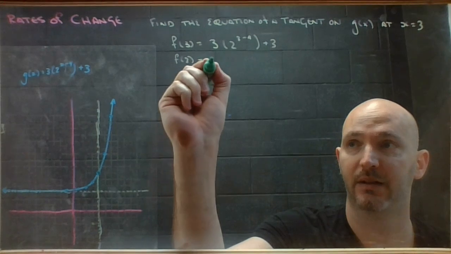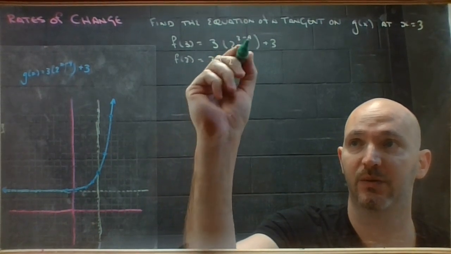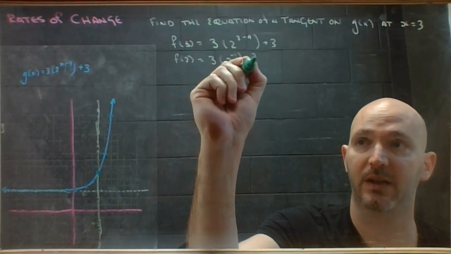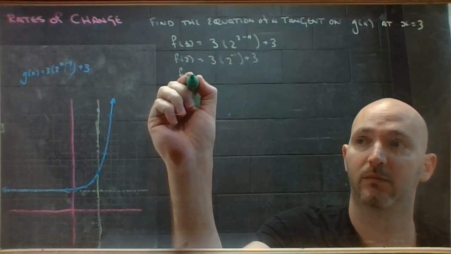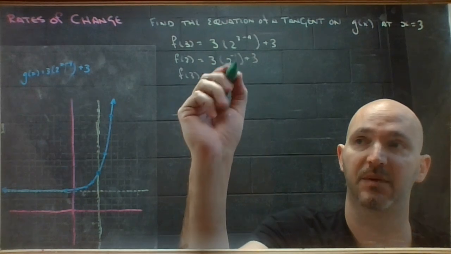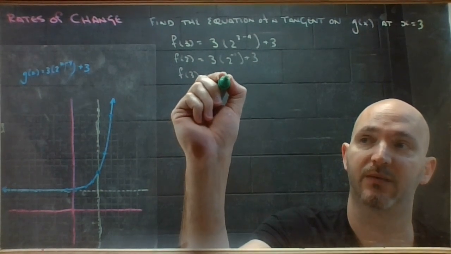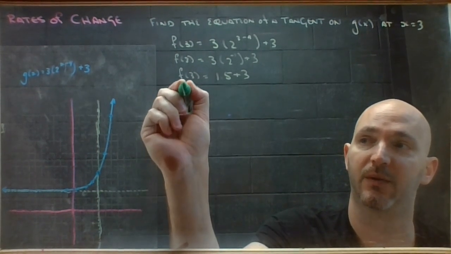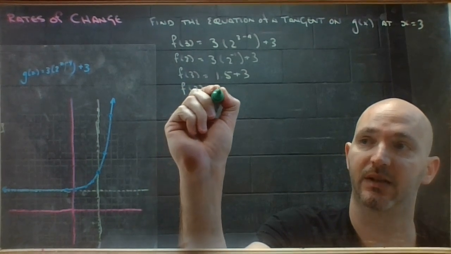So f at 3 is 3 times 2 to the negative 1 plus 3. 2 to the negative 1 is 0.5. 3 times 0.5 is 1.5. So the value of my function at 3 is 4.5.